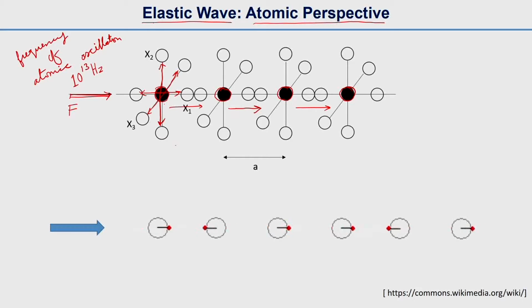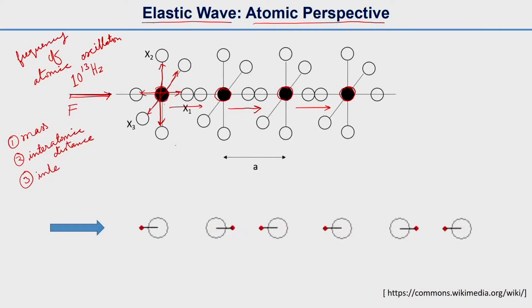So basically the wave speed, how these disturbances will propagate throughout this material, depends on three things. The first one is the mass of these atoms, the second is the interatomic distance, and the third is the interatomic force, whatever attractive or repulsive force there is between these atoms.